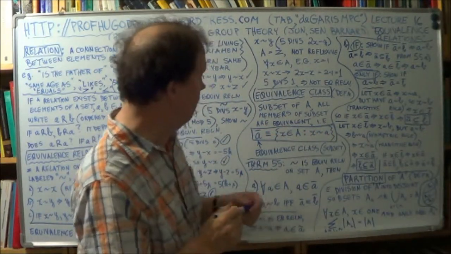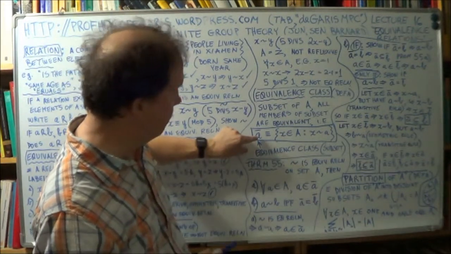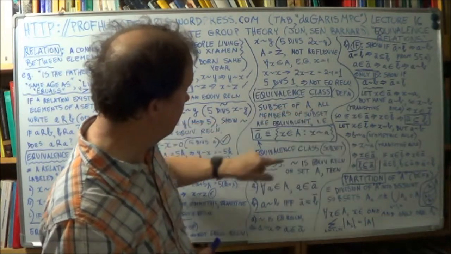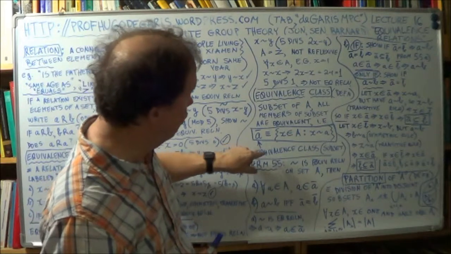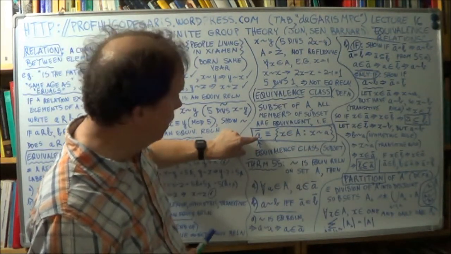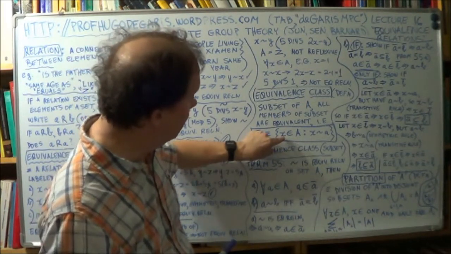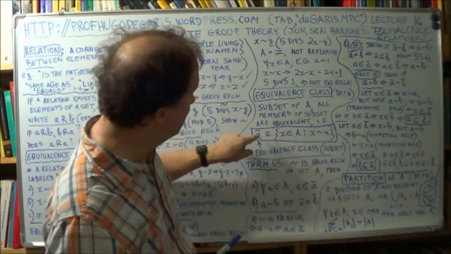Putting that another way, if you give me just one element of the set, so little a is just a member of big A, then the equivalence class of that element, little a, is just the set, or the subset, of all the elements belonging to this big set that are equivalent to it.